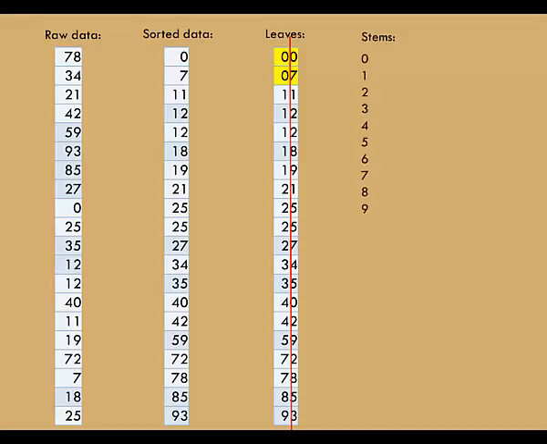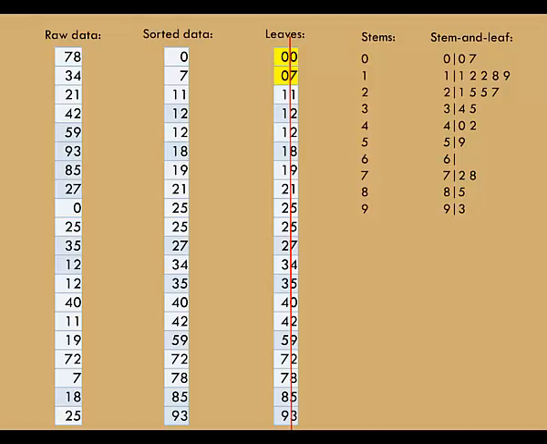Now I want to make a list of all the numbers from the smallest stem to the largest stem. In this case, my smallest stem was 0 and the largest stem was 9, so I'm making a list of the numbers from 0 to 9. Next, I want to add the leaves that go with each stem. So for the stem 0, the leaves are 0 and 7.